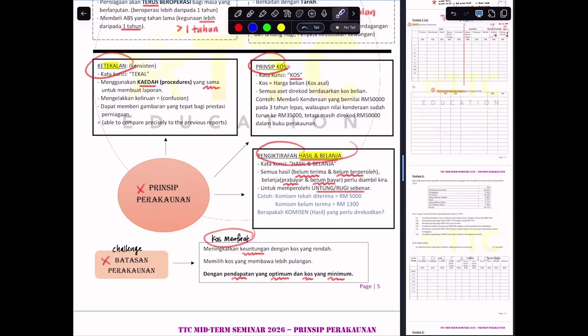So if you see a sentence in the question like pemilik untuk meningkatkan keuntungan, there will be a phrase that the boss wants to maximize the profit, and they have two choices, maybe either open branches or expand the existing shop. But no matter how, the main goal of choosing the option is always to meningkatkan keuntungan, to increase your profit. Then that's a situation where you need to answer cost manfaat.